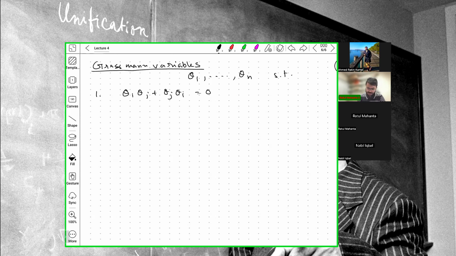Which will immediately imply that phi_i squared will be 0, because phi_i plus phi_i again equals 0, which implies phi_i squared equals 0. So you cannot have any square of a Grassmann variable. And they can be some function of x.